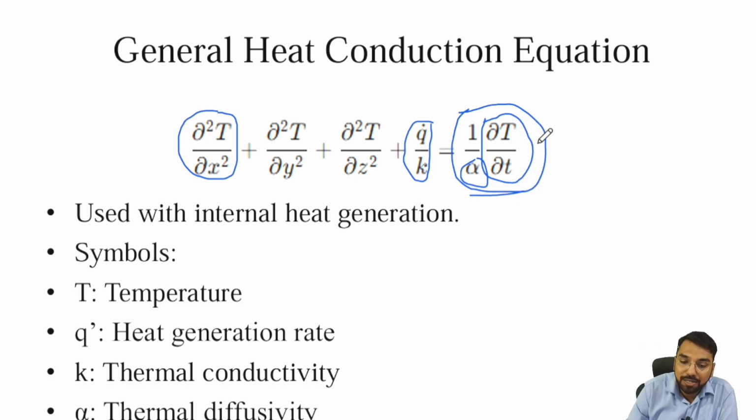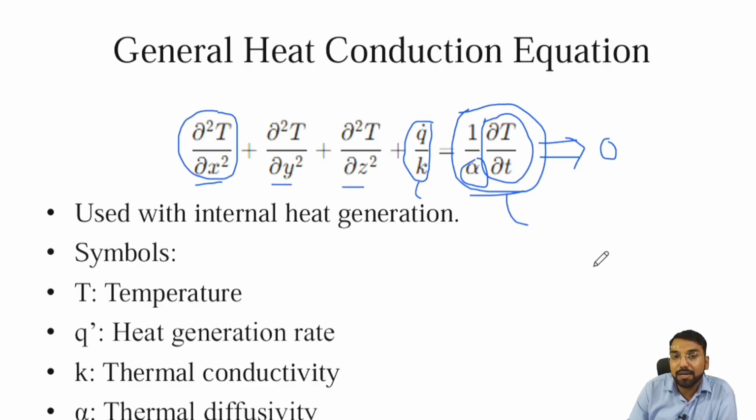So for steady state this term will be equal to zero. As far as this equation is concerned, this is the x directional temperature term, this is the y directional temperature term, this is the z directional temperature term, this is the internal heat generation term, and this is the time dependent term for the three-dimensional general heat conduction equation.